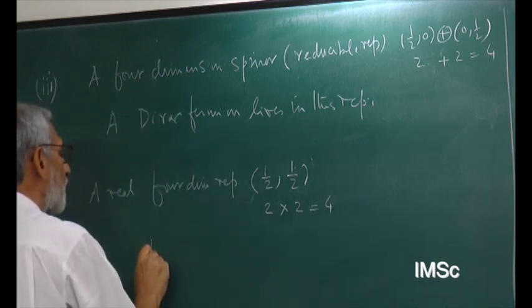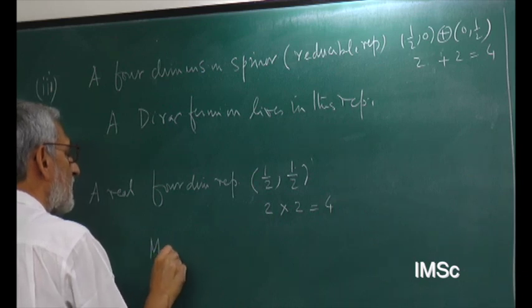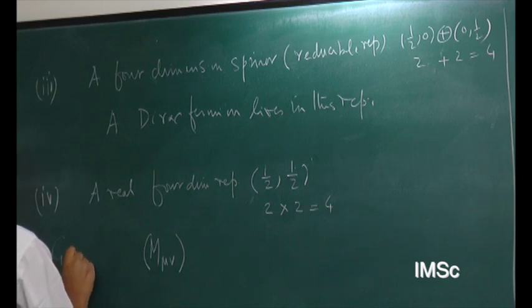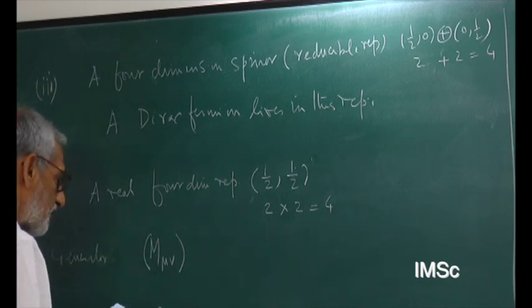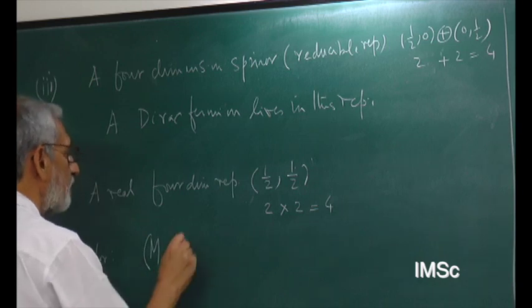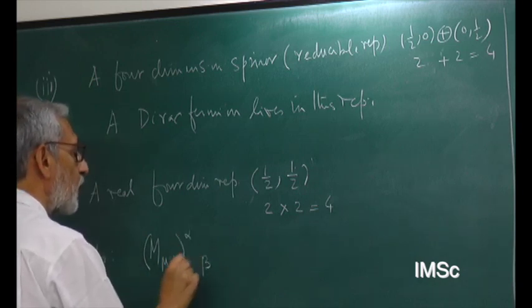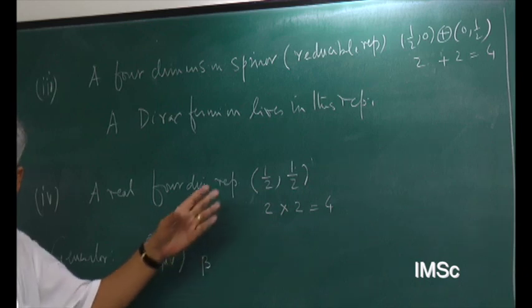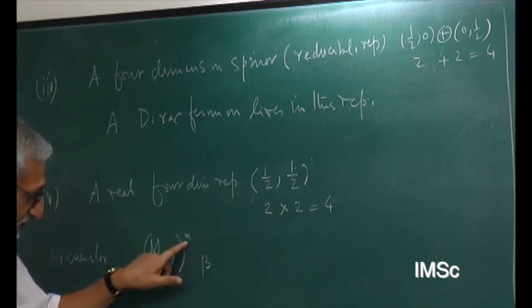And in this, it's convenient to write the generators in the M mu nu form that we wrote earlier. So I'll write down the generators in this form. M mu nu, there are 6 of them. These are 4 cross 4, each one of them a 4 cross 4 matrix because it's a 4-dimensional representation.